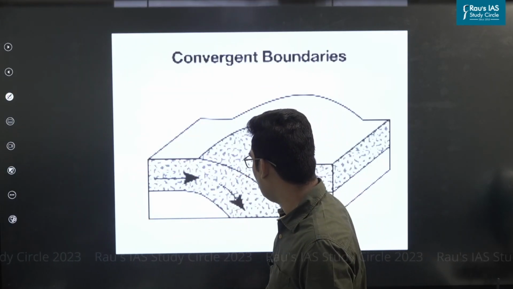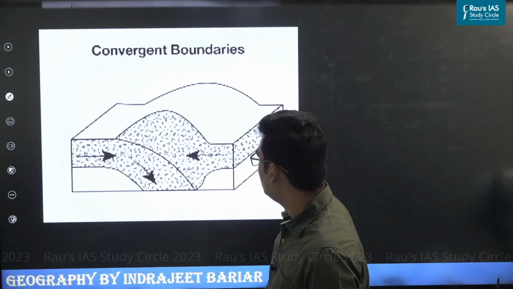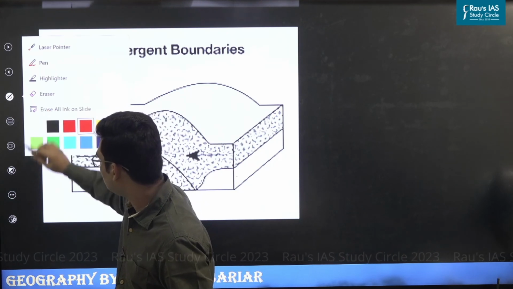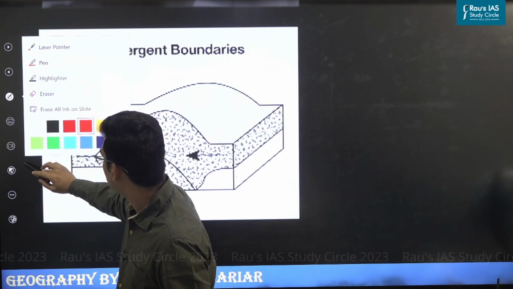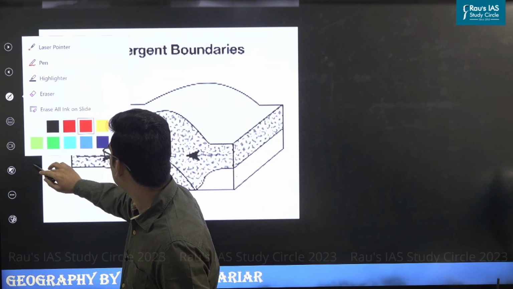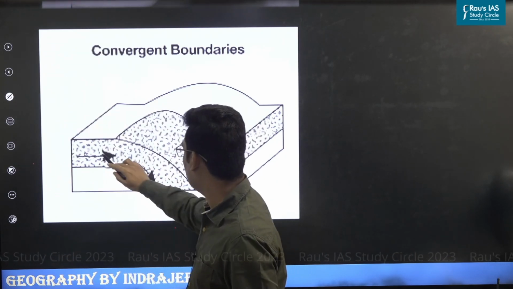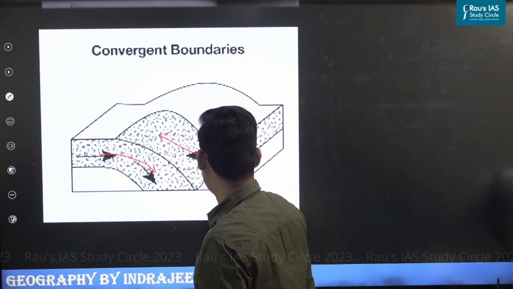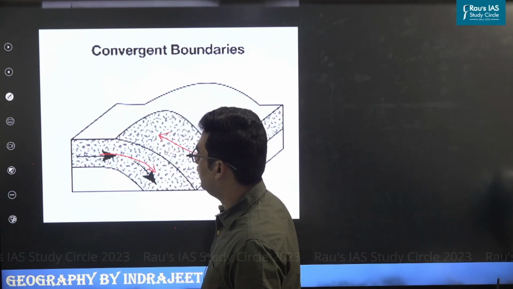Now if we take a look at the overall convergent plate boundary, you can see the convergence taking place in this manner.